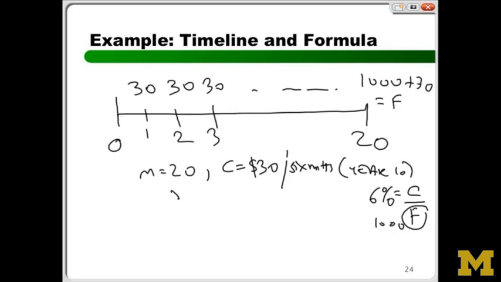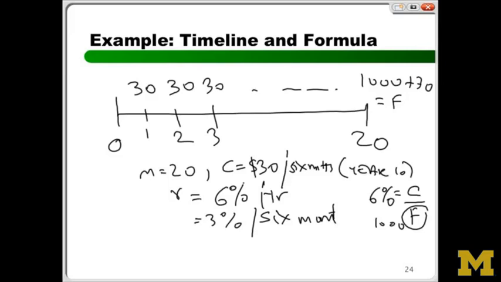And what is R? R was 6% per year, which is what? 3% per 6 months. Everybody got the details? So it's a very straightforward problem to do.